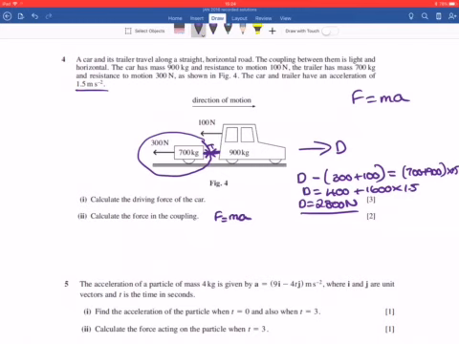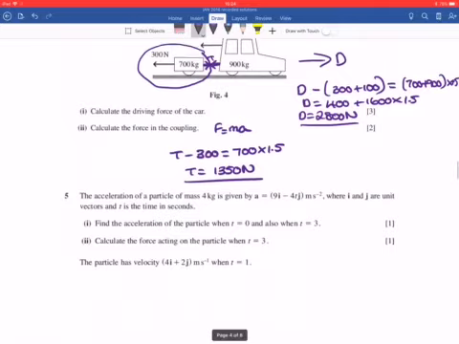So what we actually have is T minus 300 equals mass 700 times 1.5, and you should get T equals 1,350 newtons. Okay, nice, 5 marks.